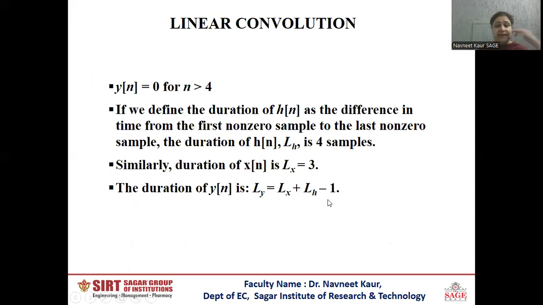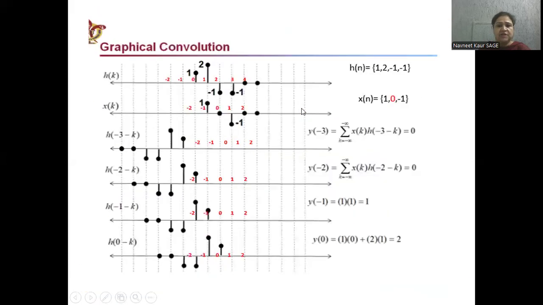Now, the second thing: how many samples will be on the right-hand side of n equal to 0, and how many on the left-hand side? For the right-hand side, it will be the sum of the number of samples on the right-hand side of both sequences. Here the right-hand side samples are 1, 2, and 3, and here the right-hand side samples are 1.